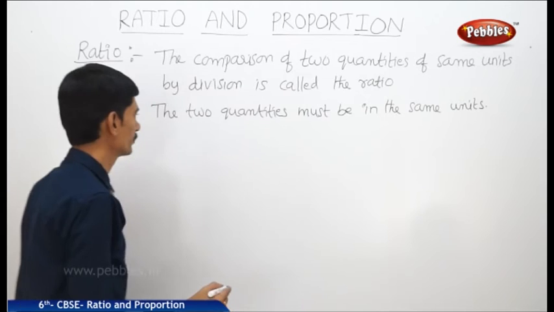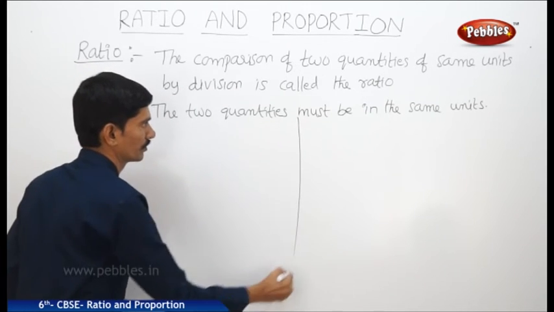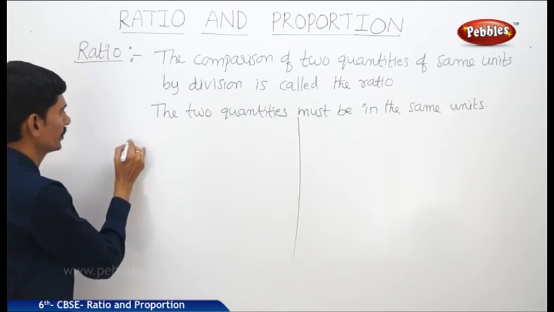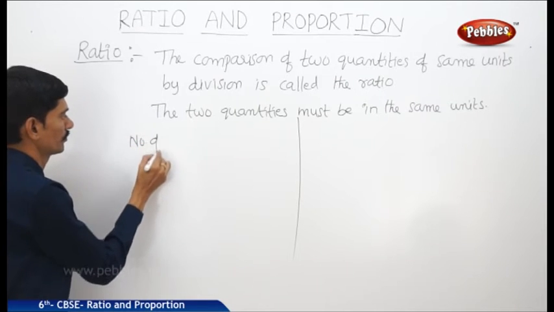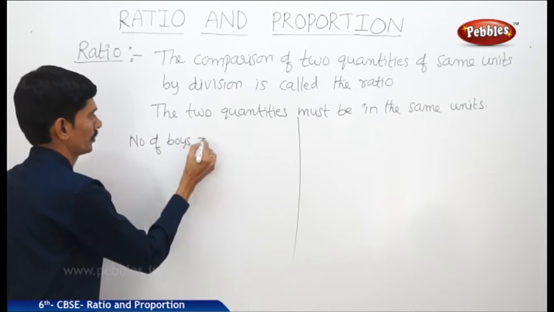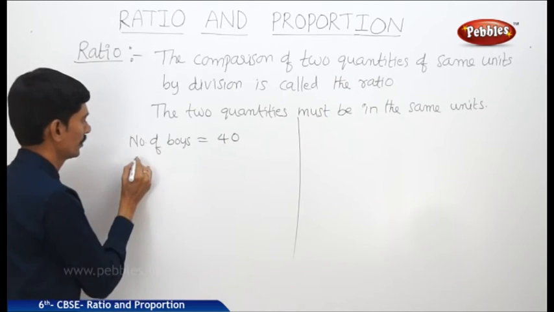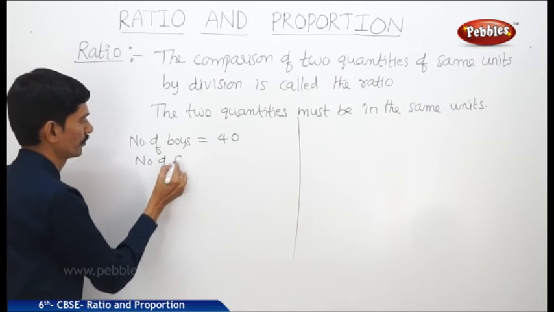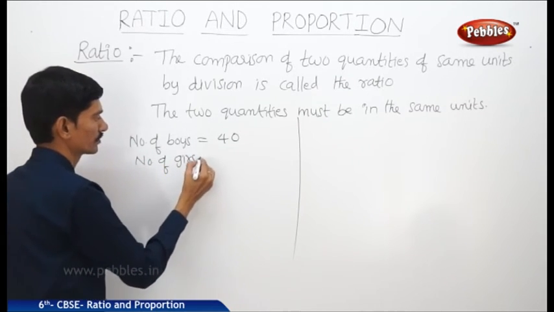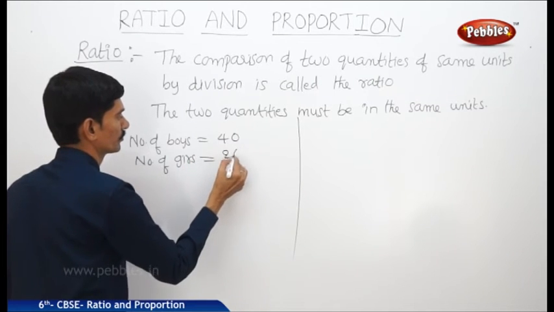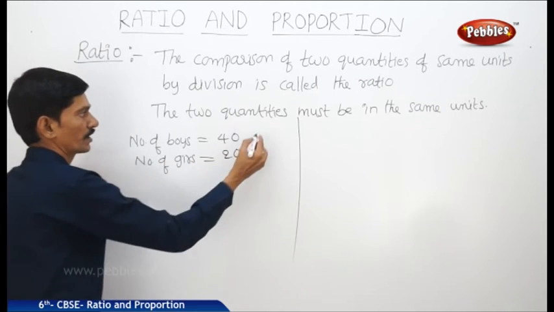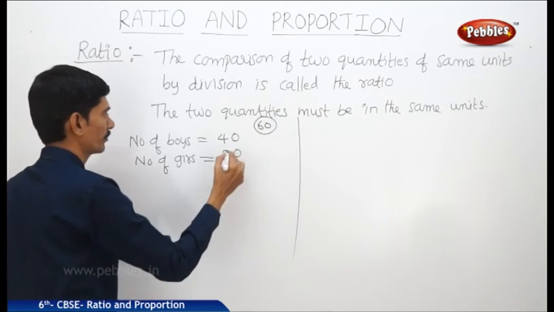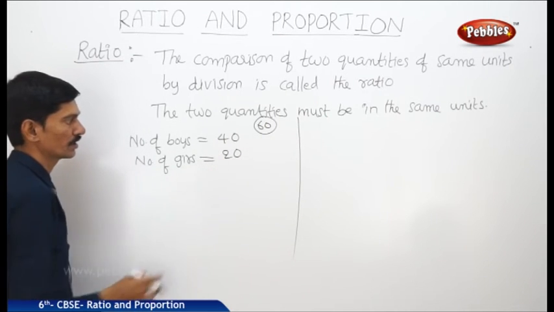Now let us take an example. The number of boys in a class equals 40 and the number of girls equals 20. So in a class of 60 students there are 40 boys and 20 girls.